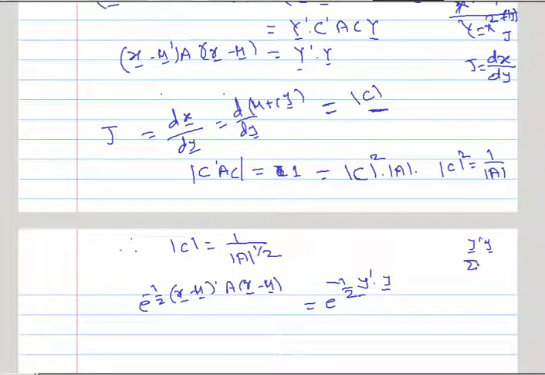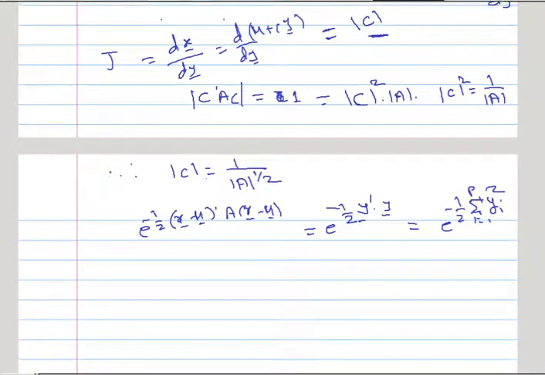As we have seen in the previous lecture, it will be the summation of yi squared, i from 1 to p. So it will be y1 squared plus y2 squared up to yp squared, and therefore e raised to -1/2 y prime y will be equal to e raised to -1/2 summation yi squared, i from 1 to p.